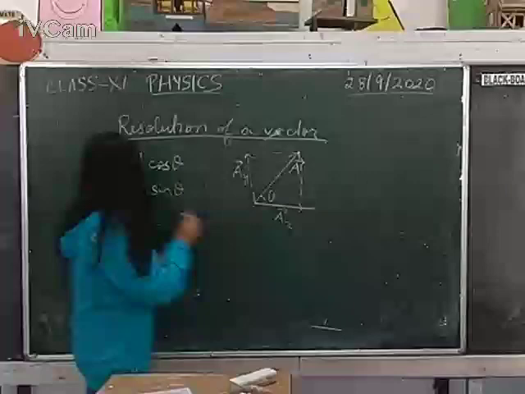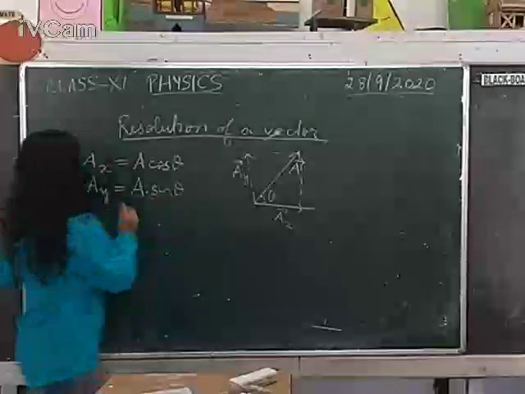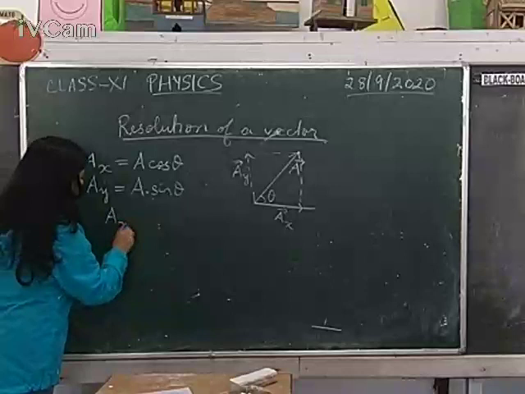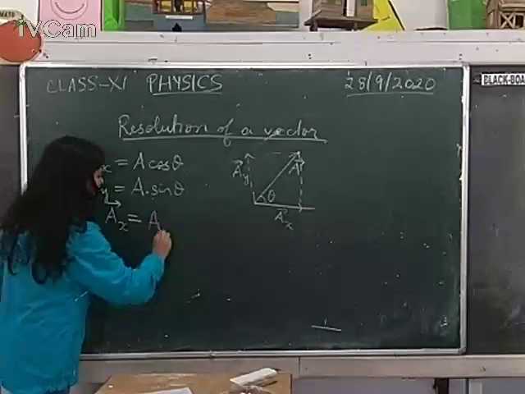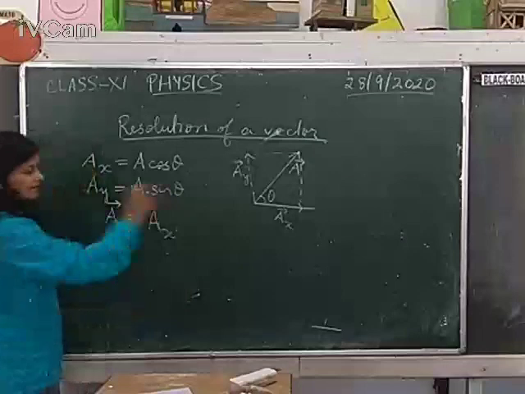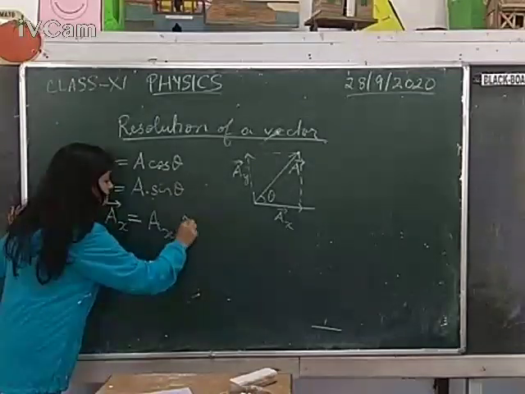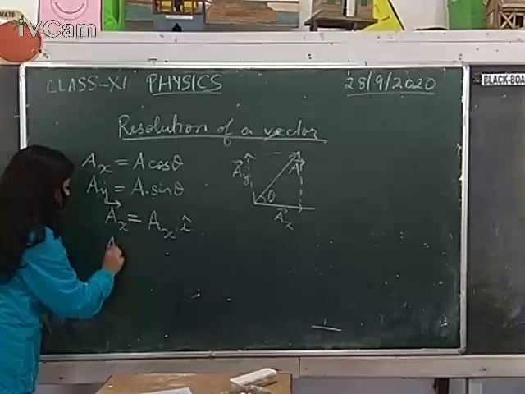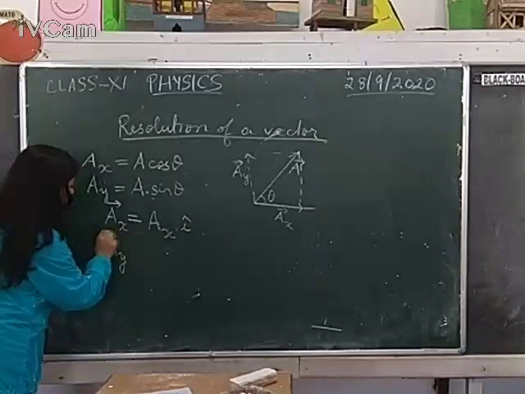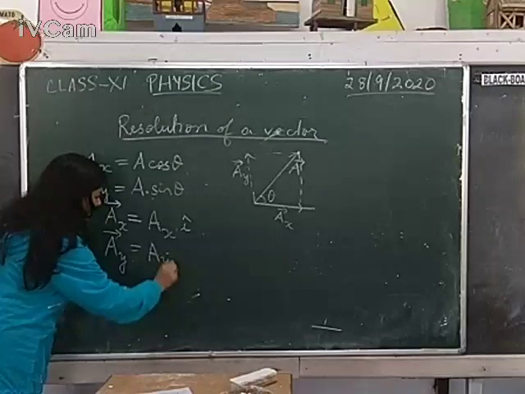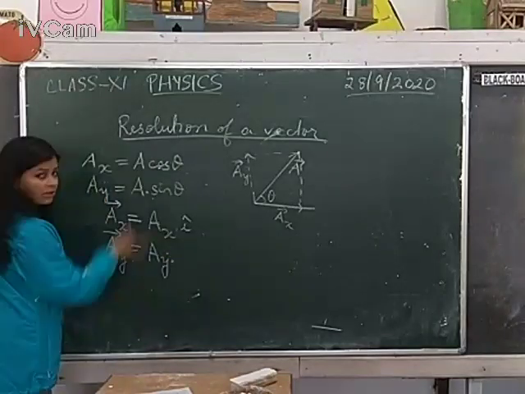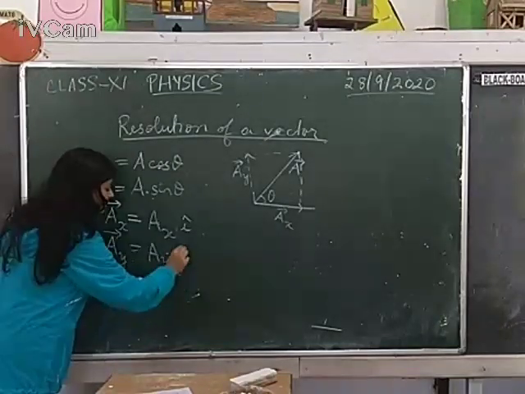If you want to write this ax and ay in terms of unit vector, as we have done just now, ax can be written as magnitude of ax and the unit vector along the x-axis, as we know it is equal to I cap. And if you want to express ay completely in terms of magnitude and direction, then you can just multiply the magnitude of ay into the unit vector along the y-axis, that is equal to j cap.